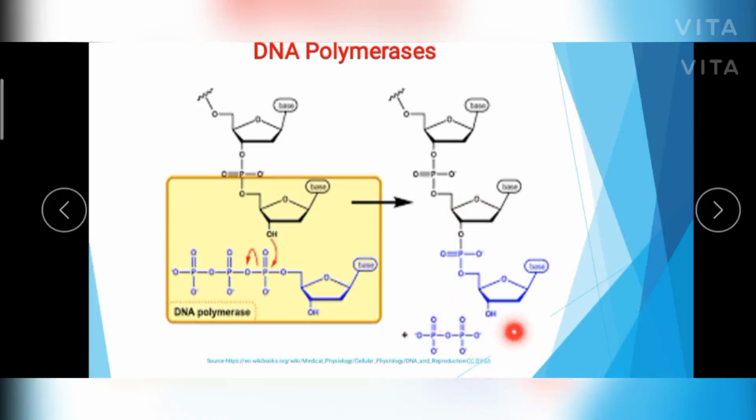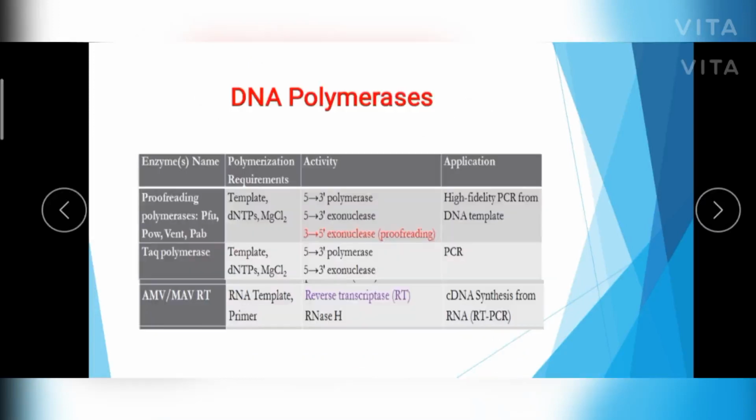So in this manner the basic reaction is the same in all types of polymerases. The three types of polymerases which are used, first are proofreading polymerases.